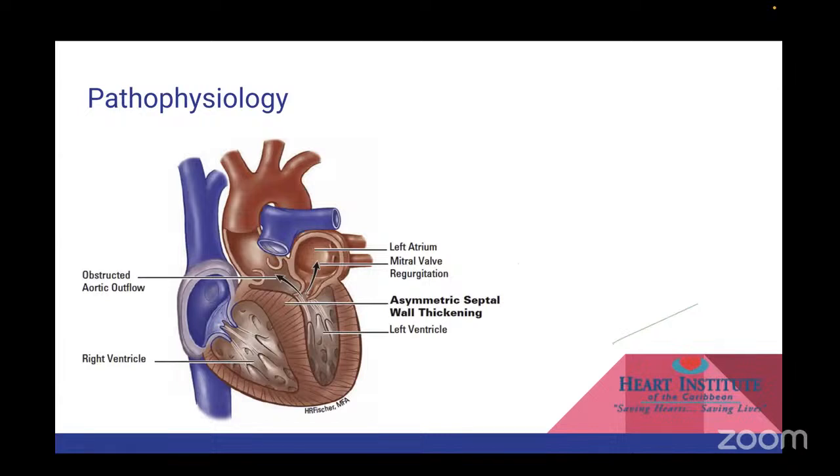Exercise testing is important for them and will be part of their regular screening. Every 1 to 2 years, they need to have echo, exercise echo, and ambulatory ECG for appropriate follow-up and monitoring.